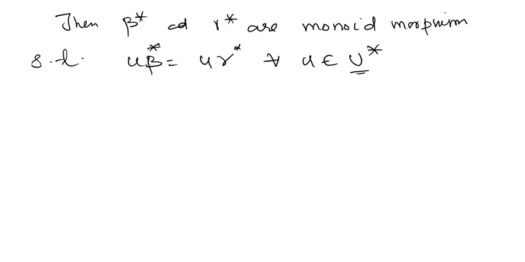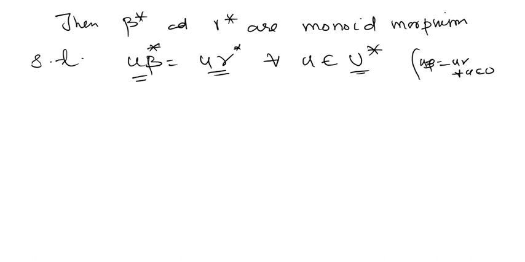So you can easily verify that because U beta is equal to U gamma for all U in U, और U beta star के बराबर है, और U gamma भी U gamma star के बराबर है अगर U में है. तो on U, U beta star is same as U gamma star, but when U is equal to 1, then again this is 1 beta star and this one is 1 gamma star.